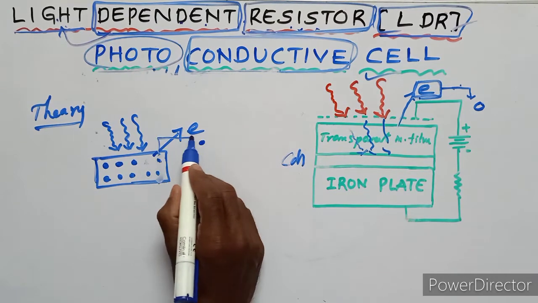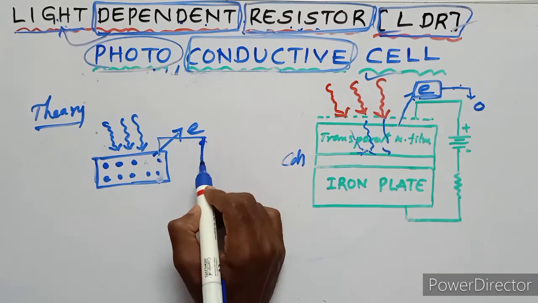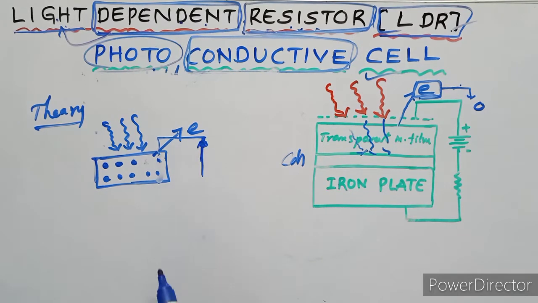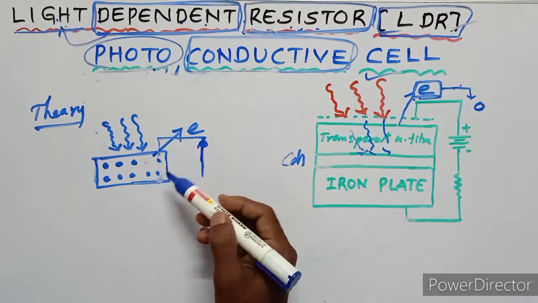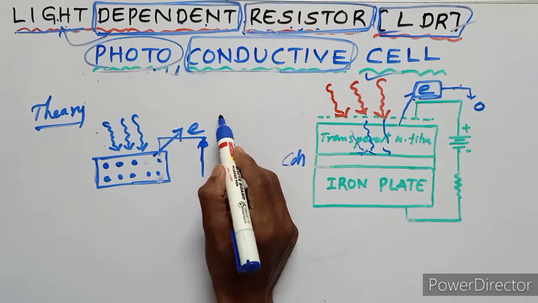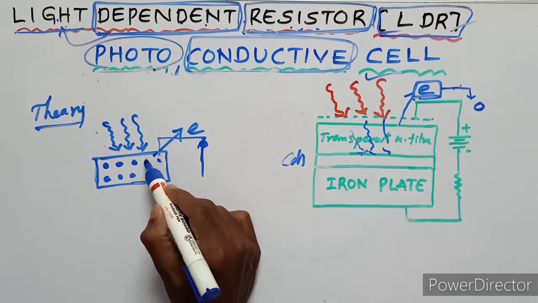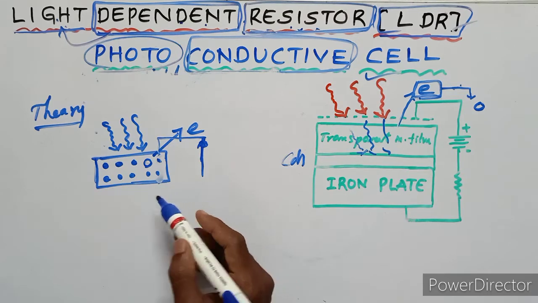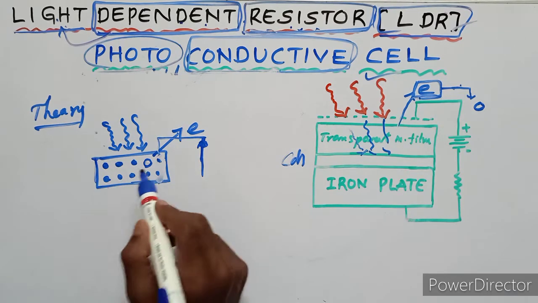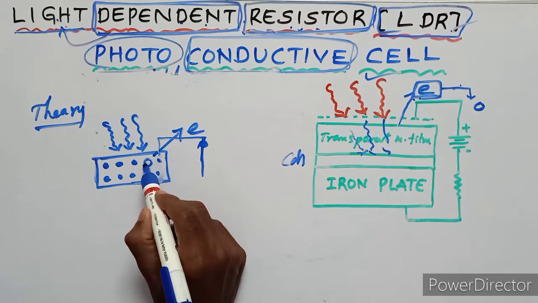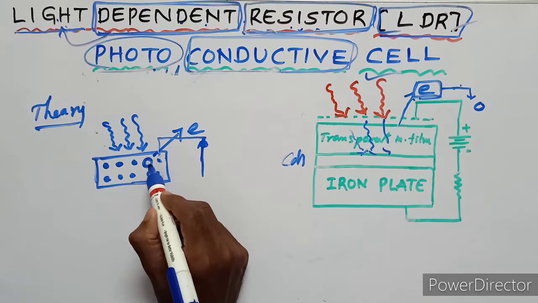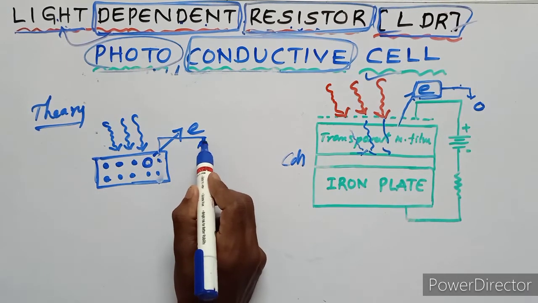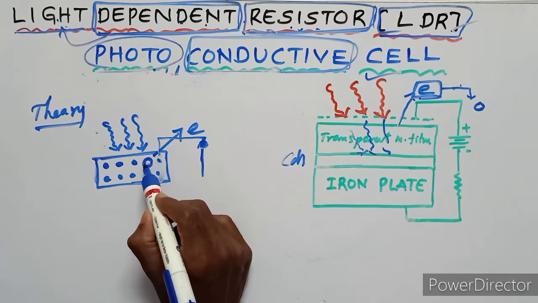So this is the circuit. This is the electron. For each emitted electron, one hole is created in the material. This is the emitted electron, and this is the hole.